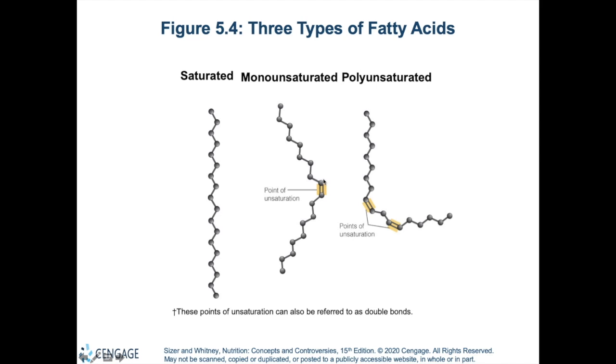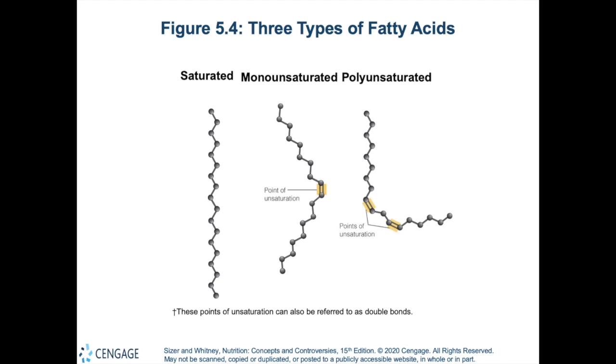So what's happening here is that this carbon and this carbon have a double bond, meaning that each carbon here, one of its bonds is going to that other carbon, and two of the other available bonds are between the carbon, so it's going to have 1 fewer hydrogen bound to it.